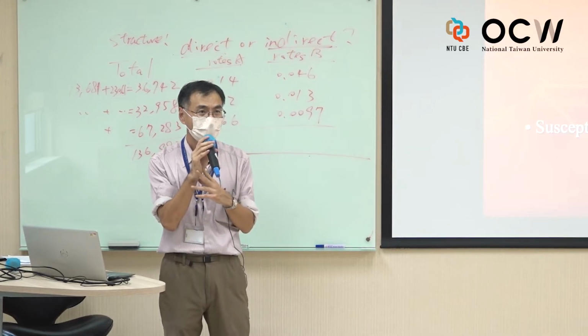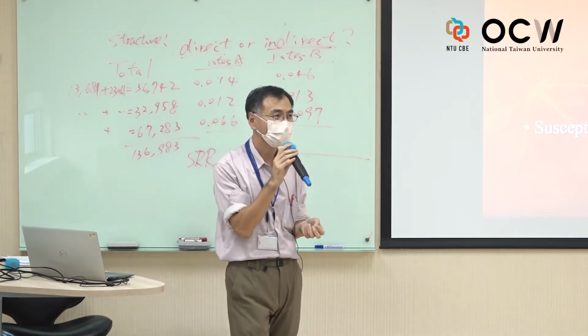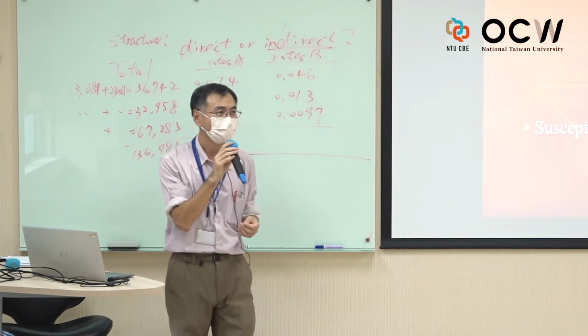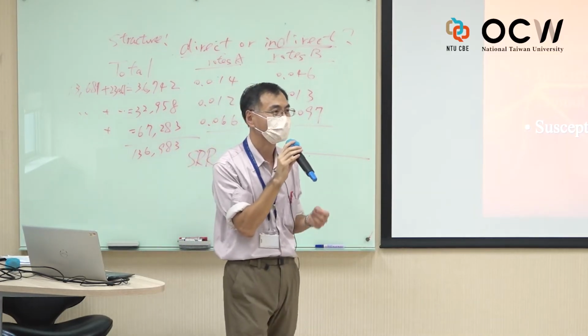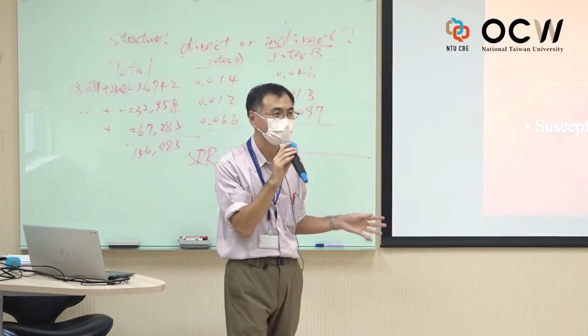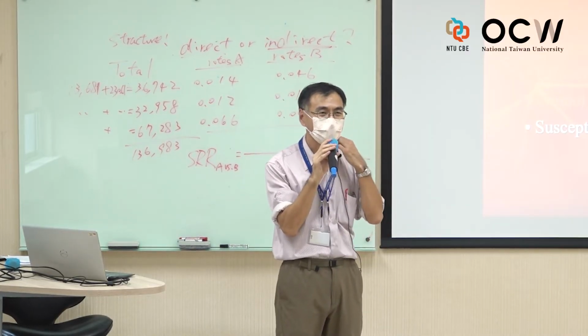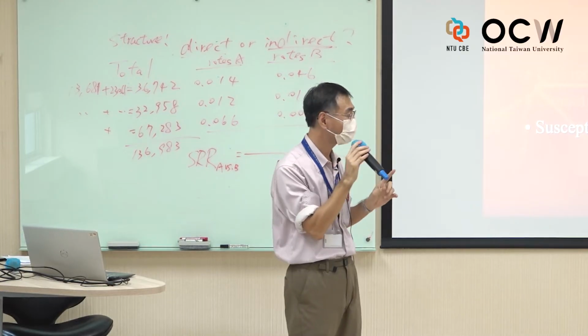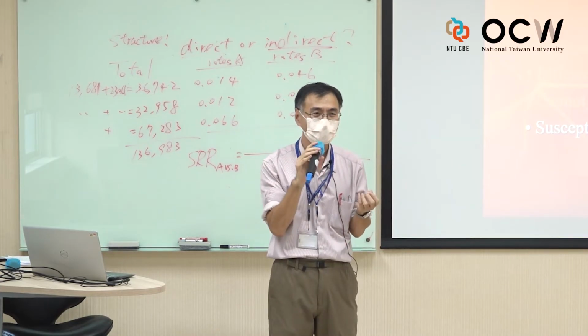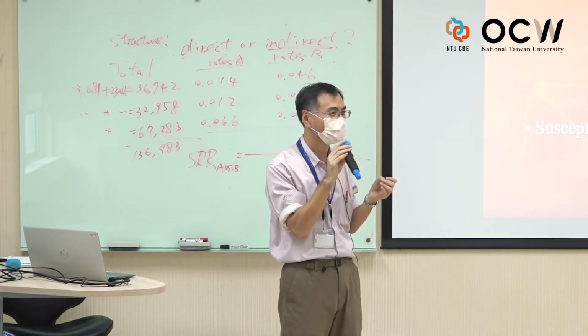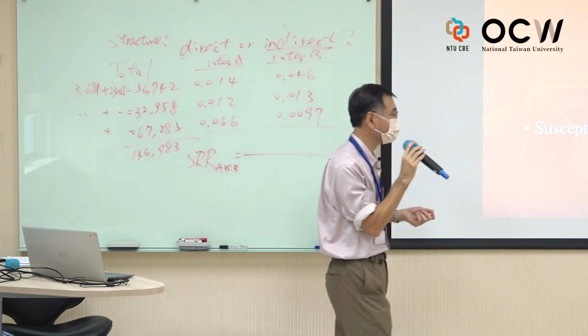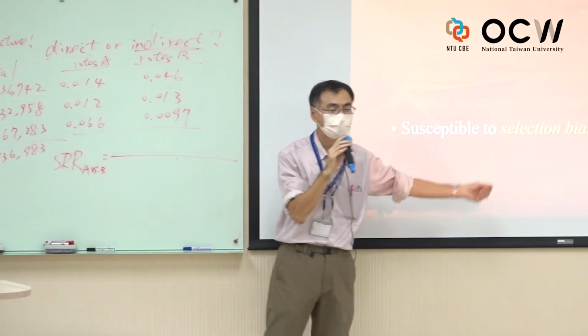The only thing we can do is try to identify it and minimize it at the stage of study design and data collection. It's not possible to say that I'm going to control selection bias at the stage of data analysis. No, it's not possible. So it's more about management, about how to make your study done properly to avoid or minimize selection bias.